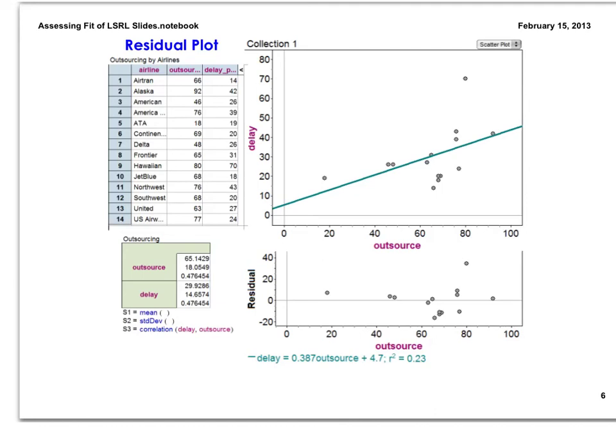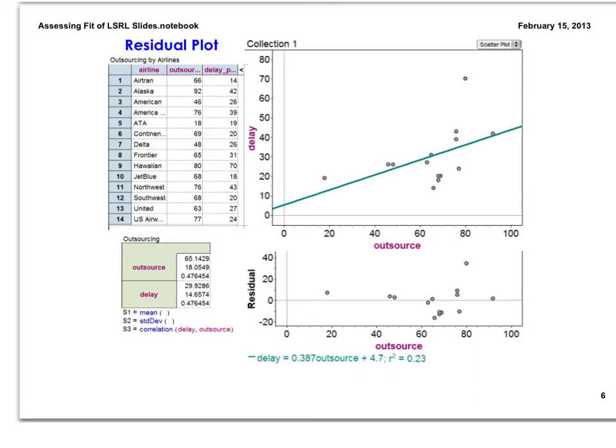And so based on those 3 measurements, R being 0.48, we only have a moderately linear relationship. R squared being 0.23, only 23% of the variation in delay percentage blamed on the airlines has anything to do with the linear relationship with what percent of their planes they outsource.